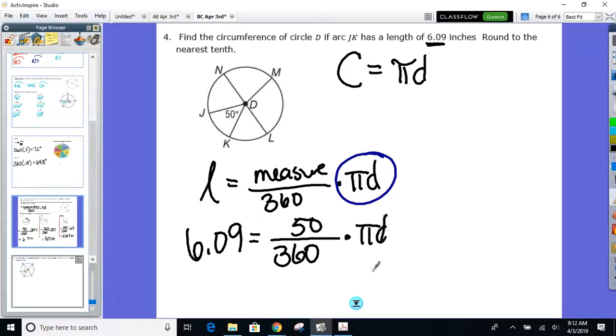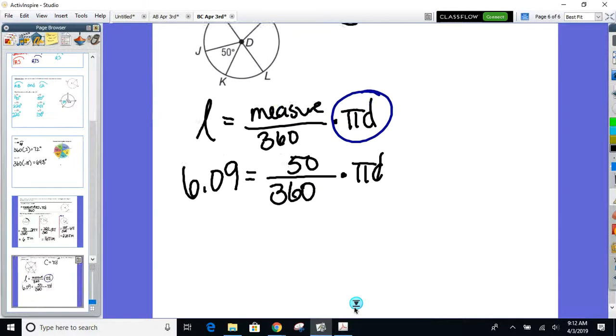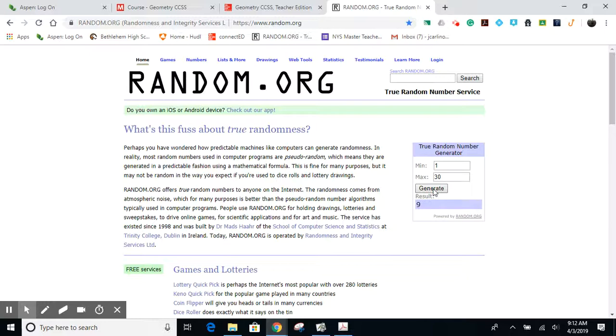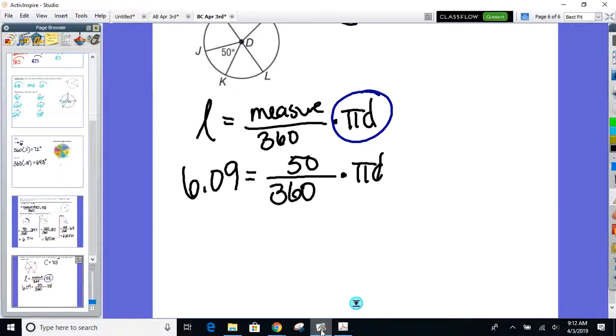All right, now the algebra skills take over. How do I get that 50 over 360 out of there? So I get pi d by itself. How do I get it out of there? Well, it's not really being added, though. Right? It's being multiplied here. A division, yep. So I can divide both sides by 50 over 360.